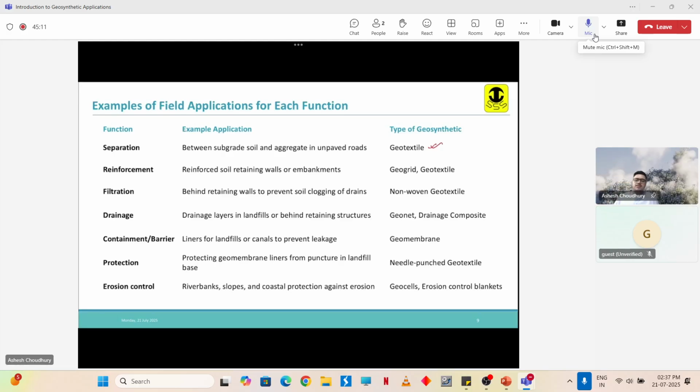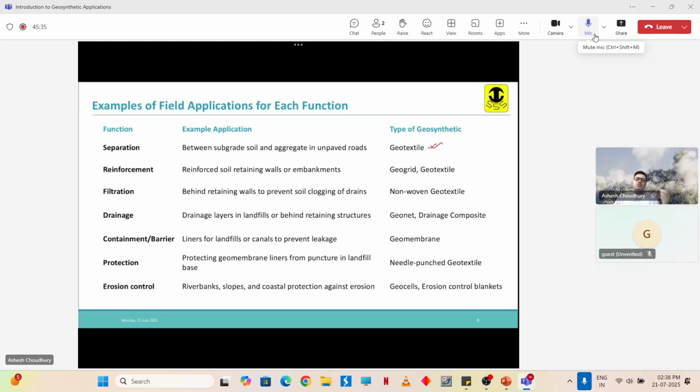For that, what I suggest is, this initial introduction part doesn't have any math, so it tends to become a little bit boring, and I did not want to show everything here. So I suggest you go through the book Designing with Geosynthetics by Robert M. Koerner, which I already suggested in the initial slide.